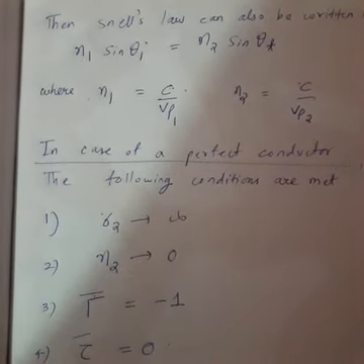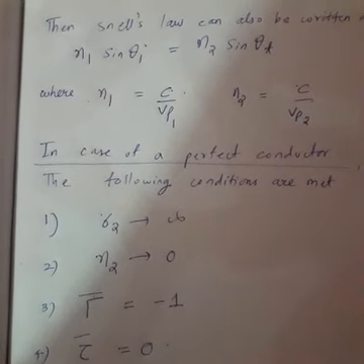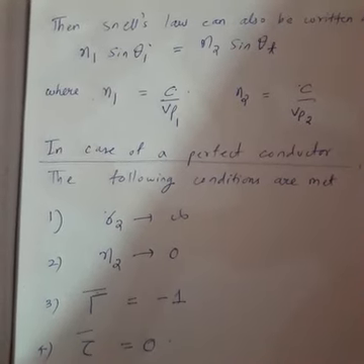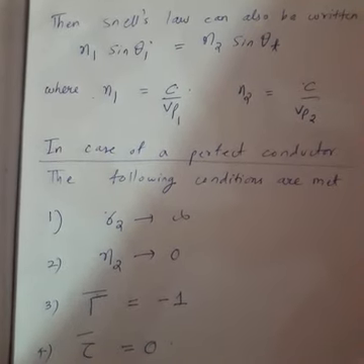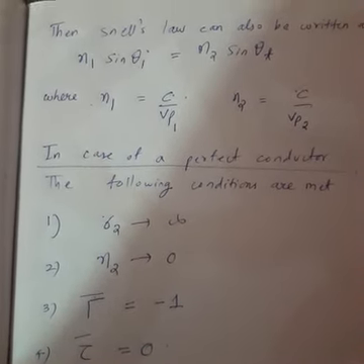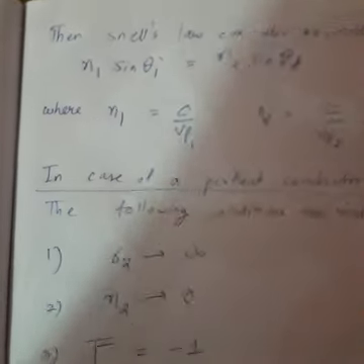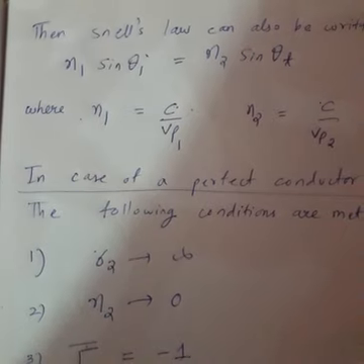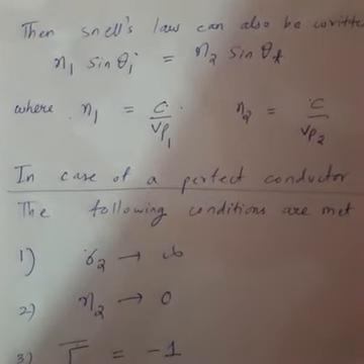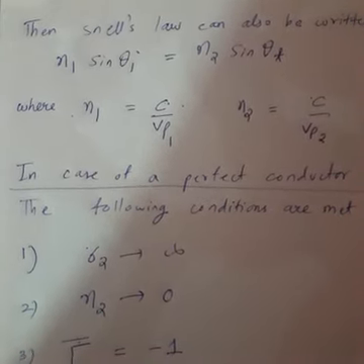Similarly, n2 is equal to c by vp2, the refractive index of medium 2. So I am defining two refractive indices, one for medium 1 and another for medium 2.